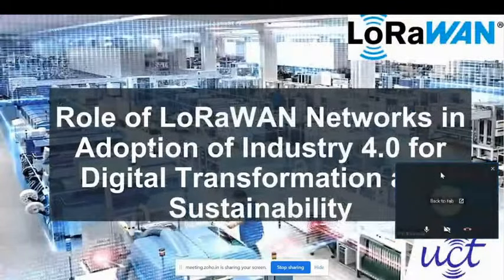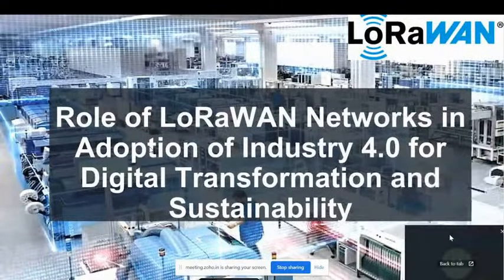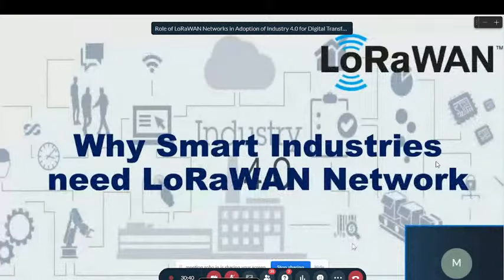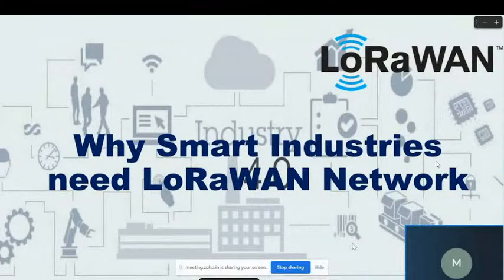As Kaushal sir has already explained the use cases, the digital transformation, and the key role LoRaWAN is playing, now I will move to how we can implement LoRaWAN in our industries and use cases. First of all, why do smart industries need a LoRaWAN network?